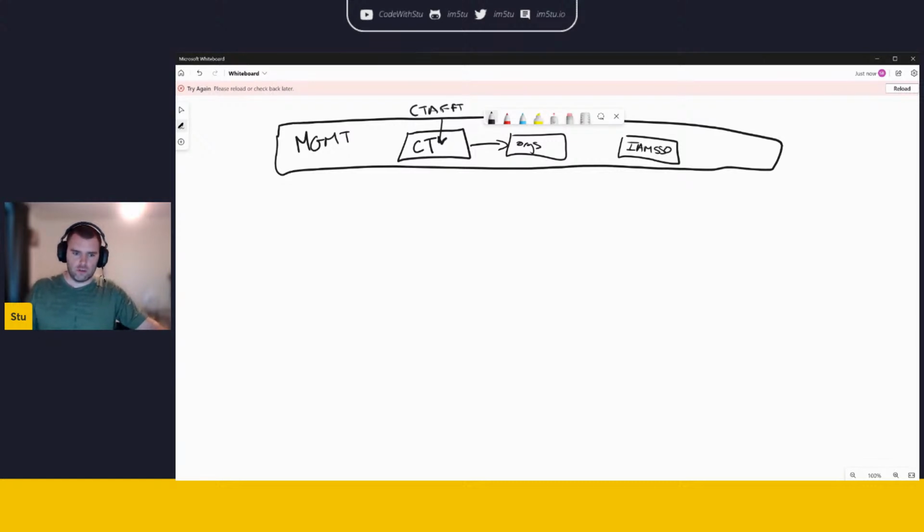So when you install Control Tower, one of the first things that you get is a new organizational unit called security. And I'll just draw that relationship there so you understand that Control Tower creates that.